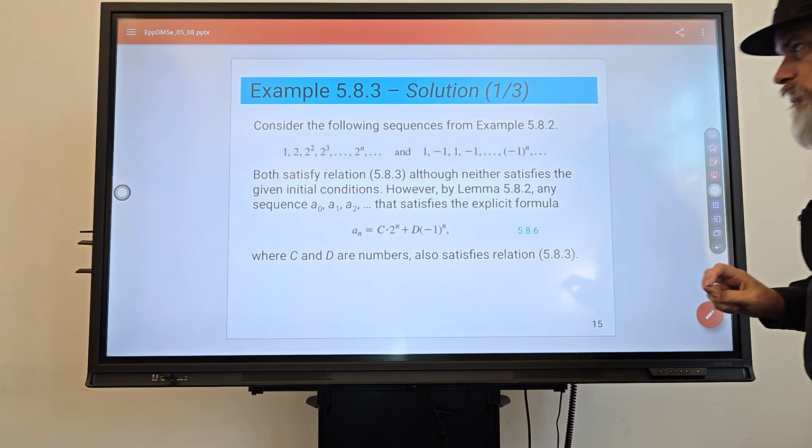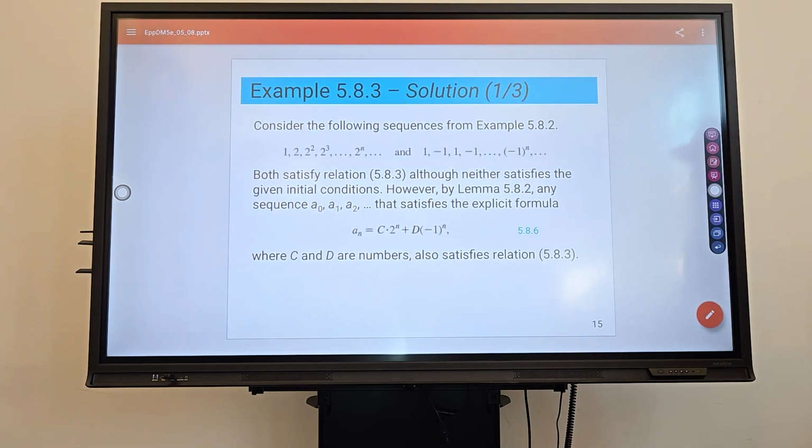Well, consider the sequences from the previous example. Both satisfy the relation, although neither satisfies the given initial conditions. However, by Lemma 582, any sequence A that satisfies the explicit formula A sub n equals C times 2 to the n plus D times minus 1 to the n, where C and D are real numbers, also satisfies the relation.